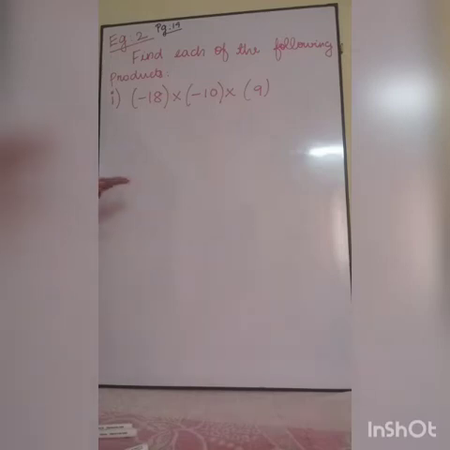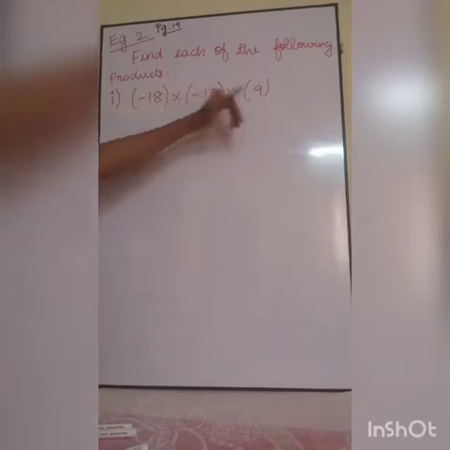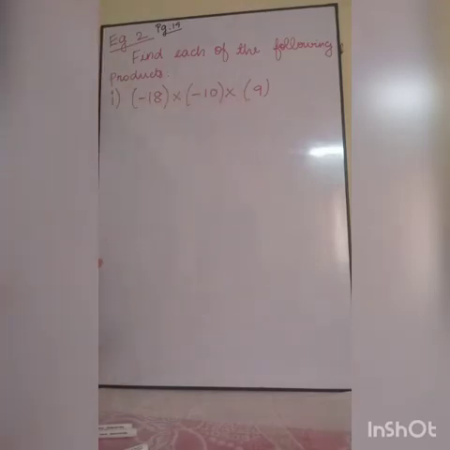How many integers are given in this question? 1, 2, 3. If 3 integers are given, I'll give you a clue: we can use our associative property to solve this problem.